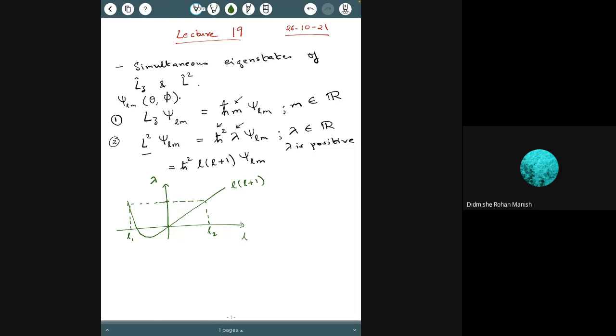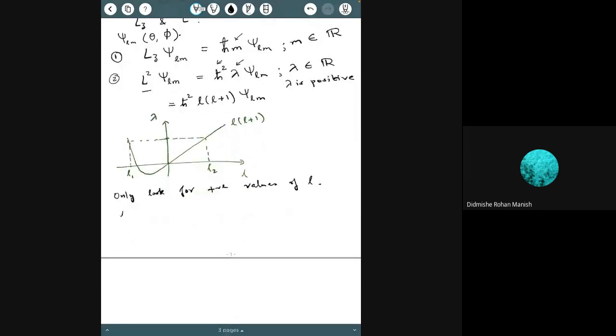But we will only be looking for the positive values of L, because that is sufficient. What we need is the value of lambda, and since both these L's give me the same lambda, I can choose either one. So we'll only be looking for positive values of L.